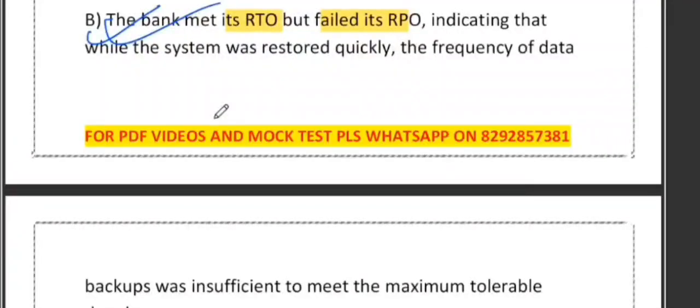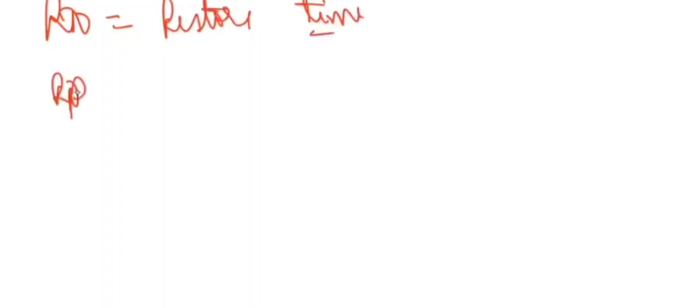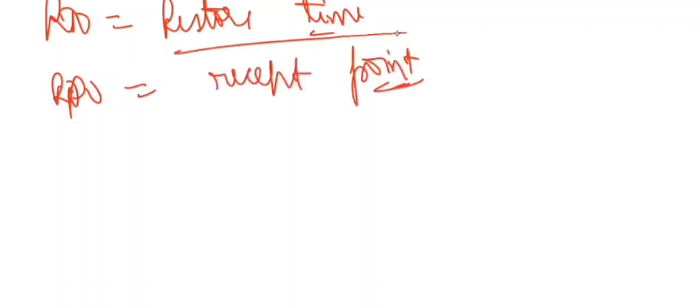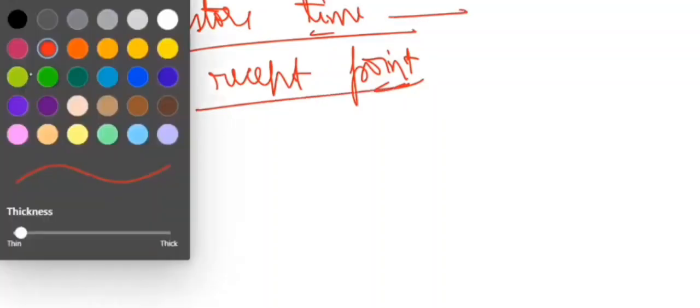Right. So option B is correct. It is perfect. It meets RTO but it fails RPO. So here is one way to remember RTO and RPO. You can think of RTO like restore time, restoration time, and you can think of RPO like recent point. This is just my way of teaching. So RTO means restore time, RPO means recent point. Whenever you see the word RTO, think about forward in time.